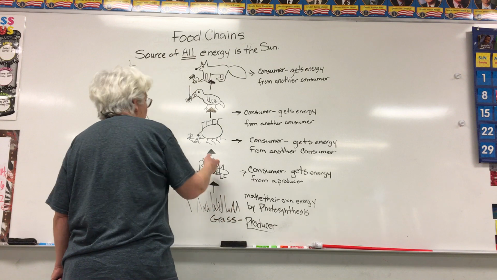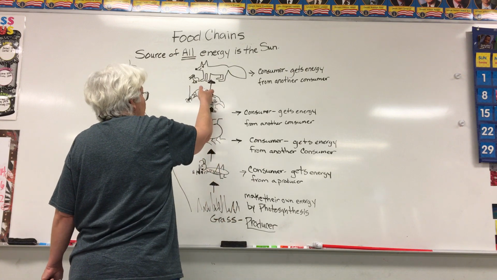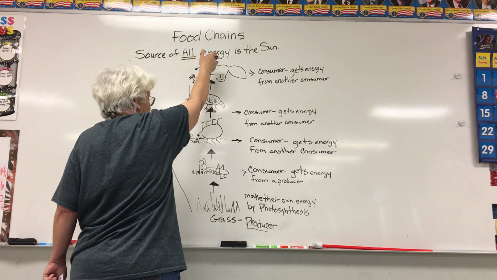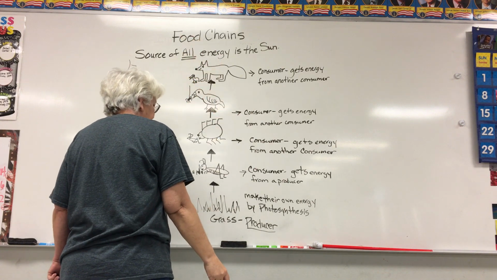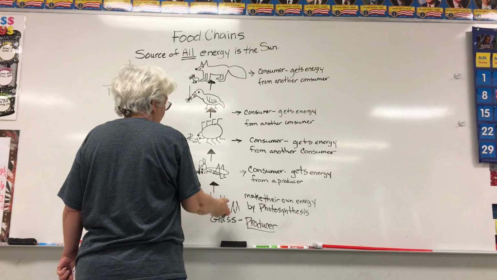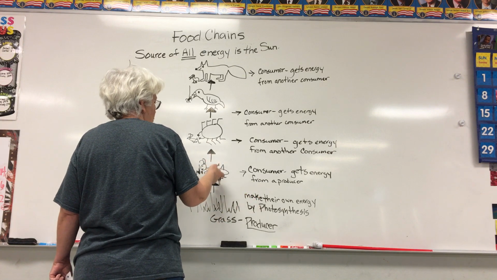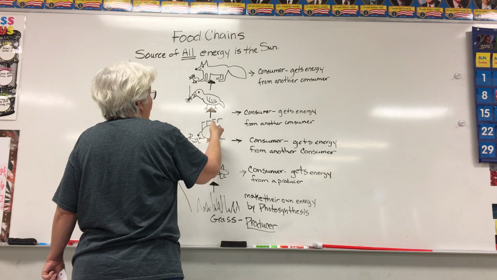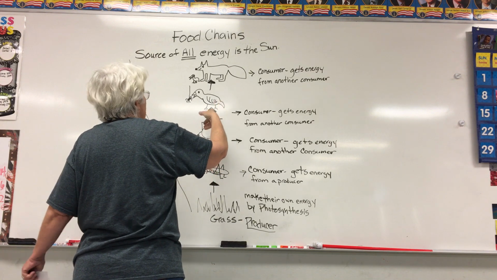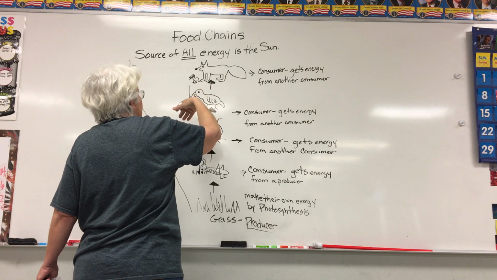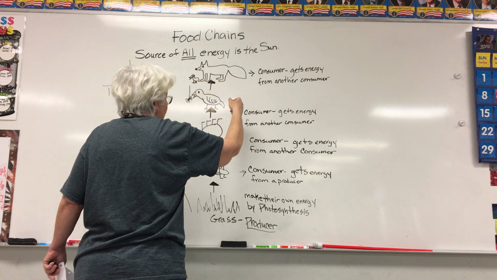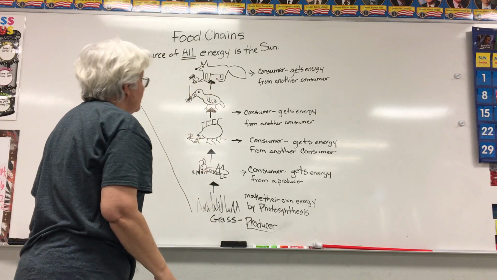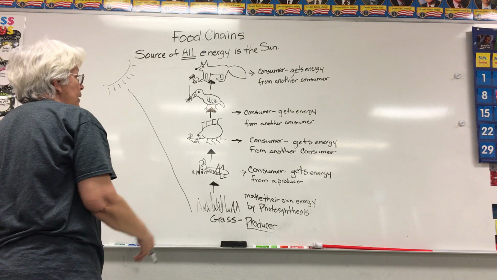We could have the grasshopper eaten by the bird, and the bird eaten by a wolf, and the wolf eaten by a mountain lion. We could have grass, which is a producer, and a rabbit, and the rabbit is eaten by a hawk, and the hawk somehow gets eaten by a bigger hawk. It doesn't necessarily have to be just this example. This is just a really good one that kind of flows.